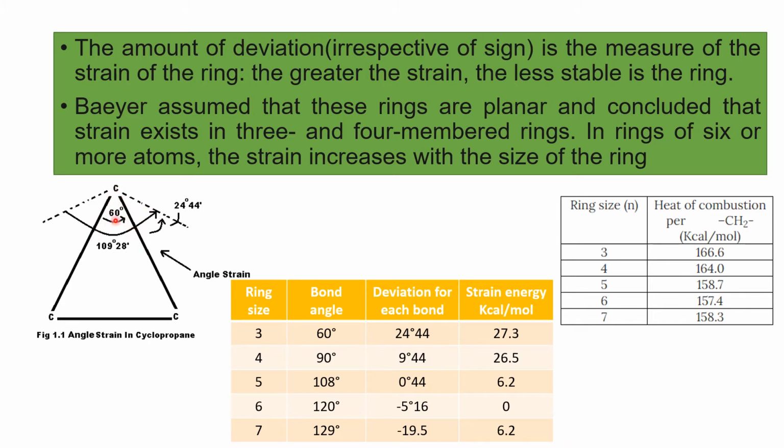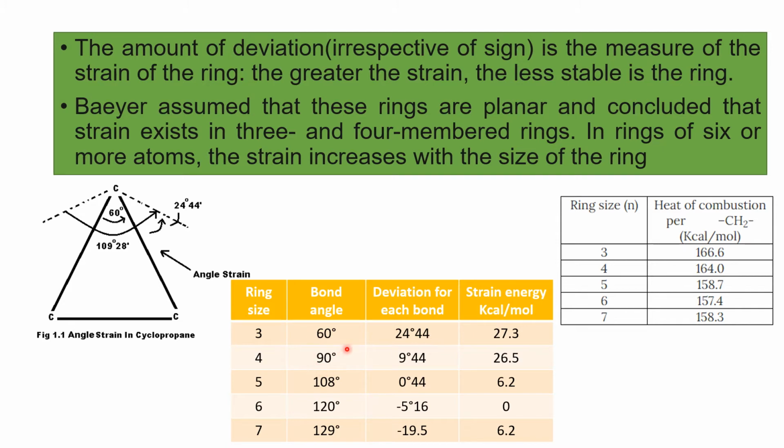So on each side of the bond, there is a deviation of 24, which is half of 49. You can write the total deviation by subtracting this figure from 109. The answer comes as 49, or you can divide it by 2 to explain the deviation for each bond. So cyclopropane has a deviation of 24 degrees, which is quite a big deviation.